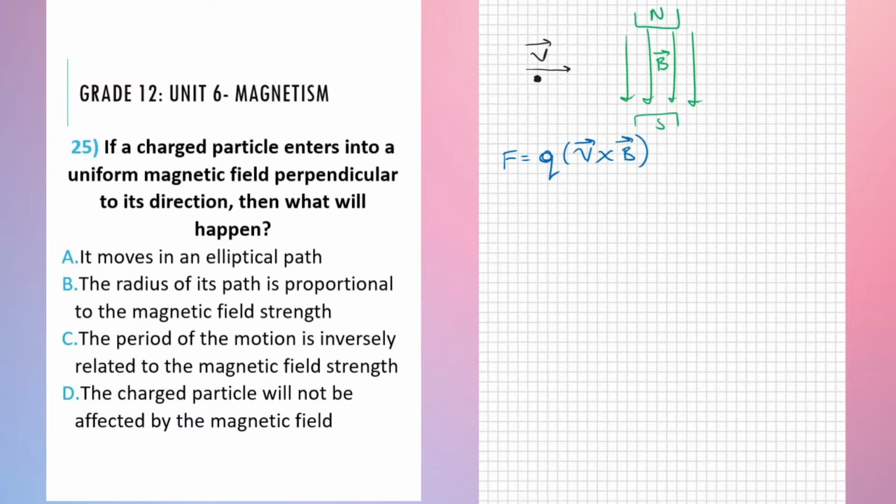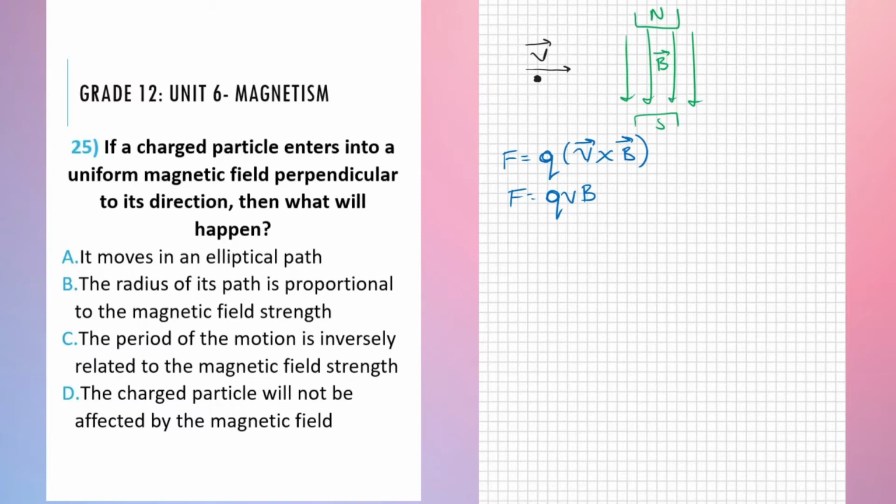In this case, the cross product will actually end up simply being the scalar product between the two, meaning that the force is equal to the charge multiplied by the velocity times the magnetic field. The reason is that the velocity and the magnetic field are perpendicular to each other.